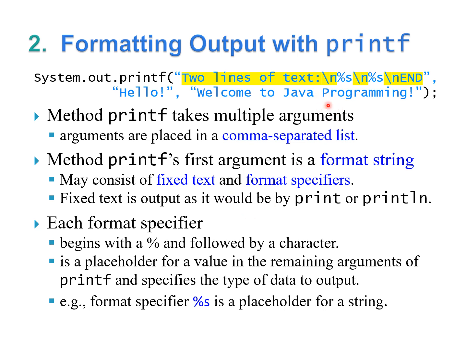For example, the format specifier %s is a placeholder for a string. There are 2 format specifiers %s in this printf statement. The first %s specifier is the placeholder for the string in the second argument of printf.